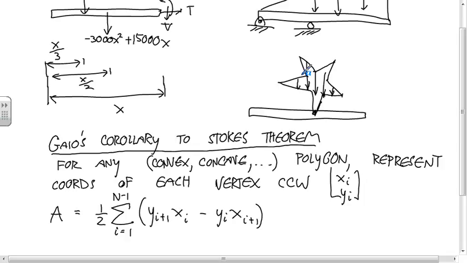So basically, it just figures out that there's a bunch of little triangles, more or less. Or how's that? I never exactly got a simple geometrical understanding of it. It comes from Stokes' theorem, which relates double integrals to single integrals. I believe it relates double area integrals to line integrals.